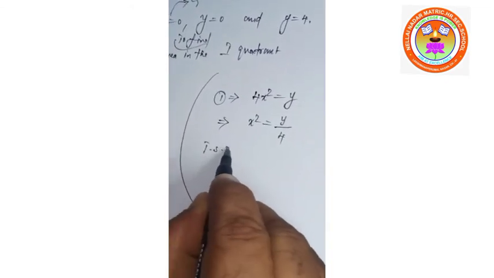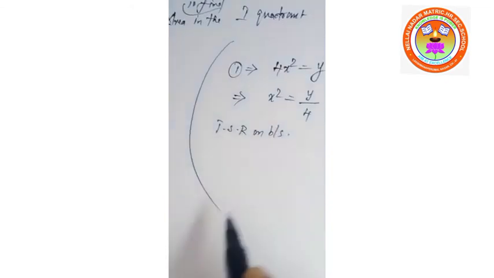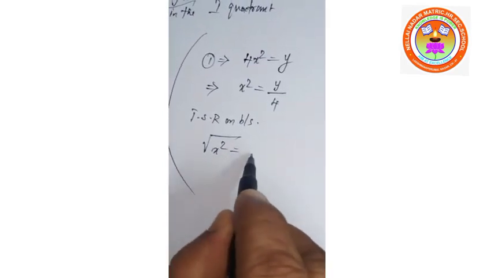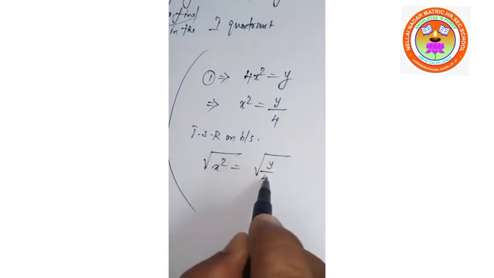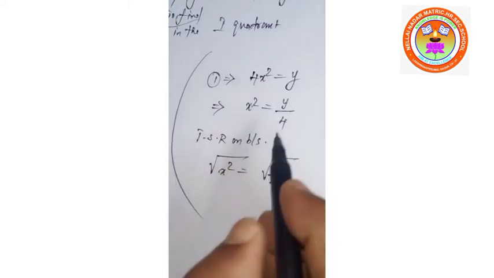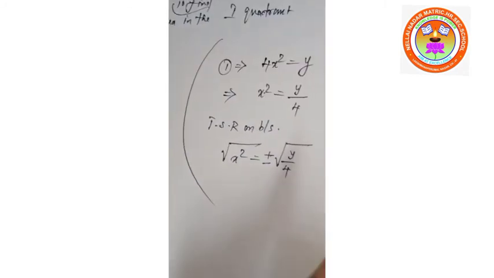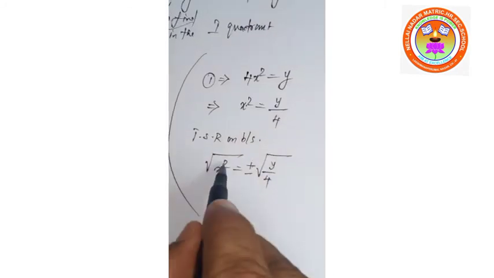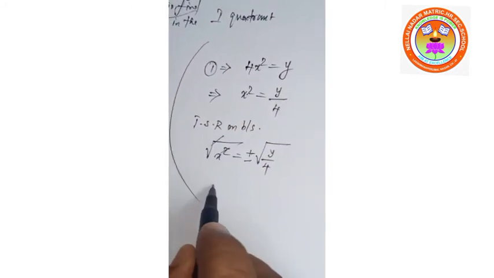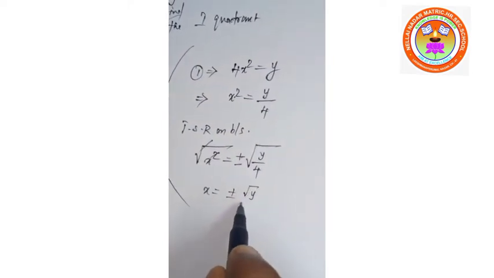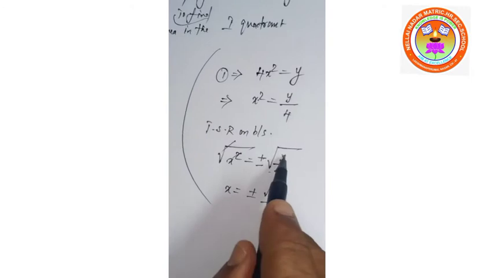Taking square root on both sides, since x squared is there, you have to introduce plus or minus. Square and square root get cancelled. X equals plus or minus root y divided by root 4. What is the value of root 4? 2.